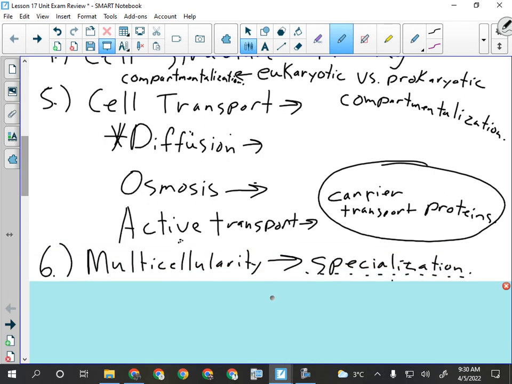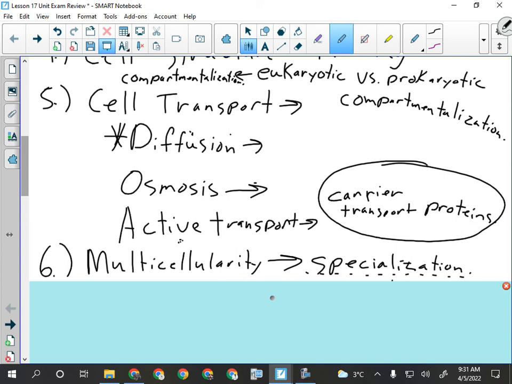Okay, multicellularity. There's definitely a question about that. Actually, I told you about that a couple of times already. What's the picture going to be? The layers of the leaf. Okay, you need to go over the layers of the leaf and explain to me how that diagram shows that a plant is a true multicellular organism.